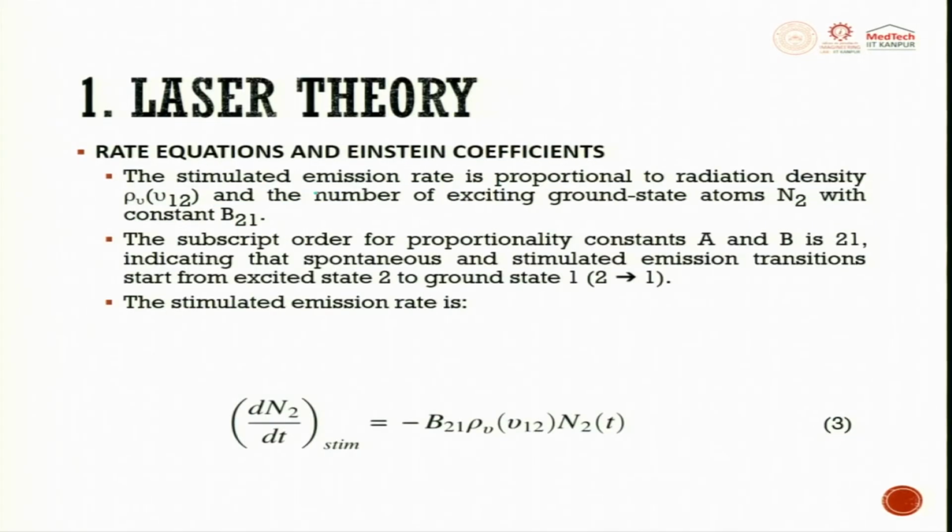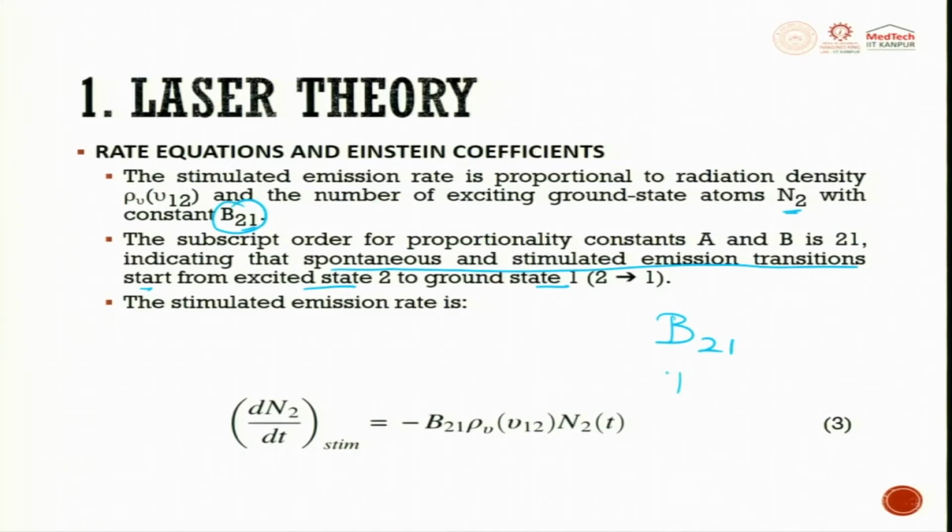The stimulated emission rate is proportional to the radiation density, the radiation that comes out, and the number of excited state atoms N2, with a constant called B21. The subscript order for the constants A and B is 2:1, indicating that spontaneous and stimulated emission transitions start from excited state 2 to the ground state 1. That is why we call this constant B21.